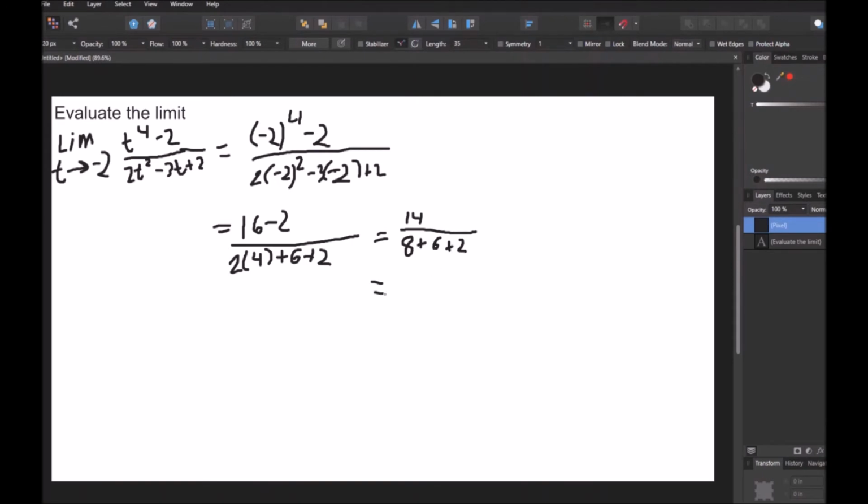So that's going to be 14 over 16. And you can divide both the numerator and the denominator by 2. And that's going to give you 7 over 8, 7/8. And that would be your simplified final answer.